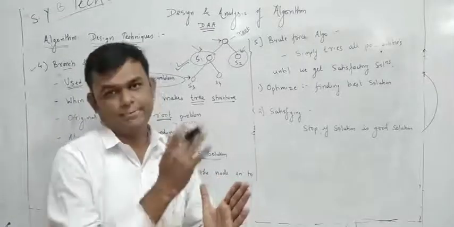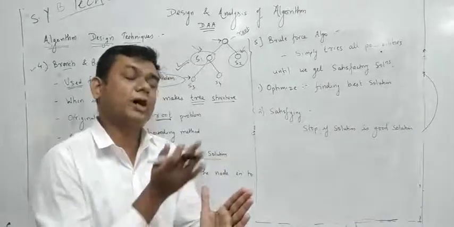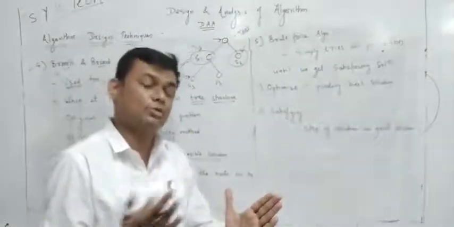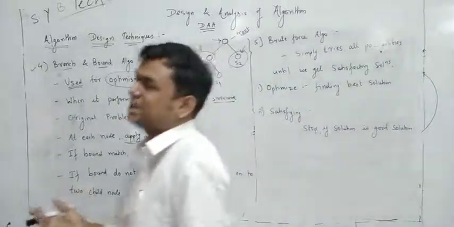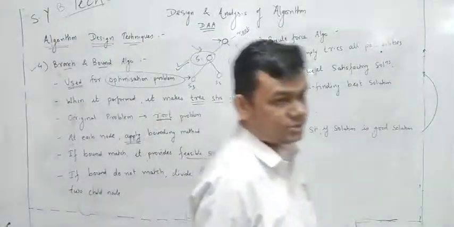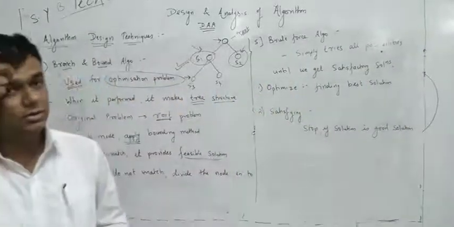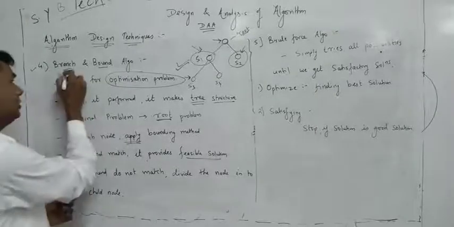We apply a bound to a specific path and find the distance. Again we apply the bound to the second path and find the solution. If that bound is matched with the shortest distance, then that is our best path, meaning we choose that path. That is called the branch and bound method.